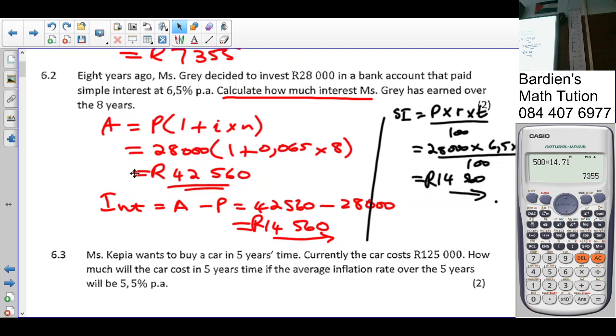Okay, everybody got the extra marks by not doing the last part. It's a little bit too late now to go fix it. So you're saying that because the question says here, calculate how much interest, you didn't subtract it in your exam.